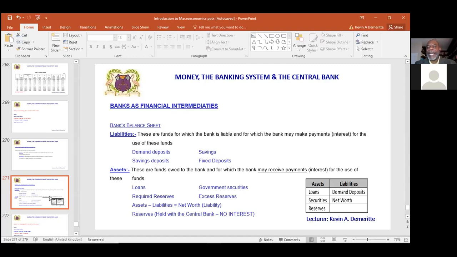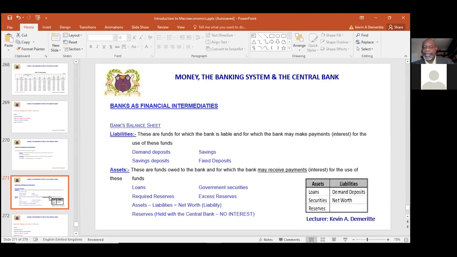Liabilities are funds for which the bank is liable, that is, money that the bank owes, and for which the bank must make payments for the use of these funds. So as far as the bank is concerned, your checking account is a liability. You've given the bank your money, so the bank owes you that money back, ideally with interest.